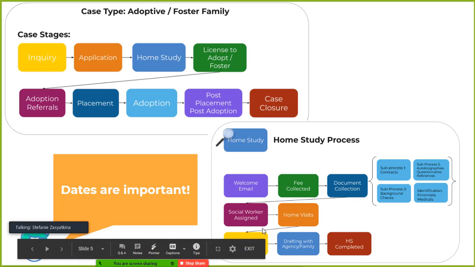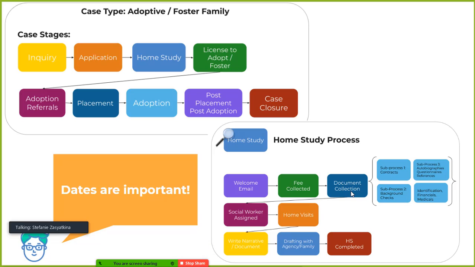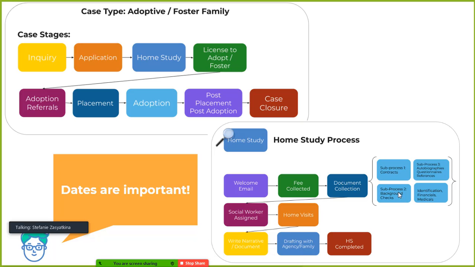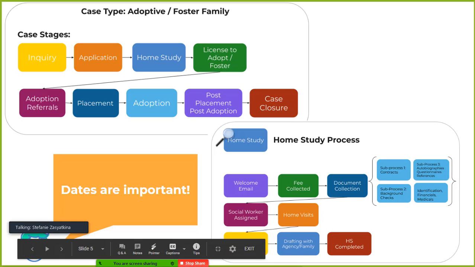Even within the home study, some things like background checks are needed repeatedly. You need it for every person in the home. You need that background check to be captured again and redone the next year with your new home study, with a home study update or a renewal.